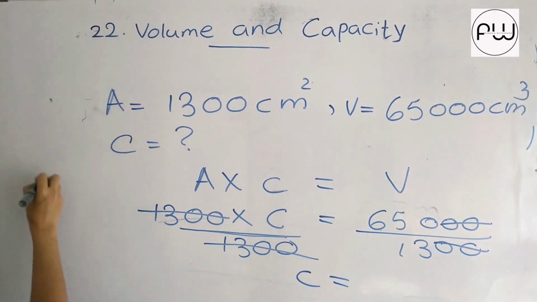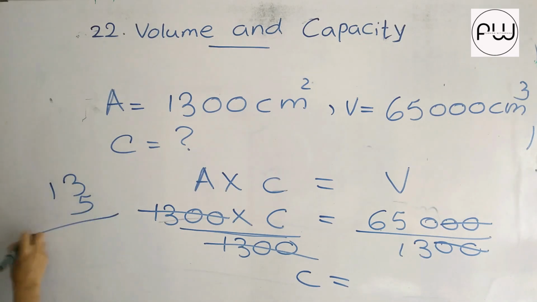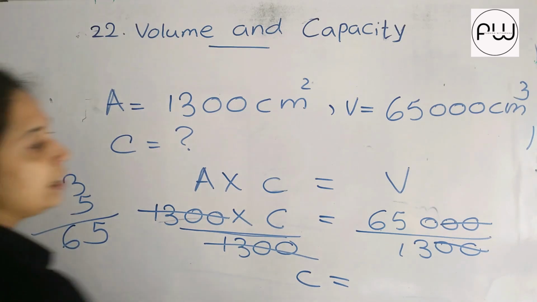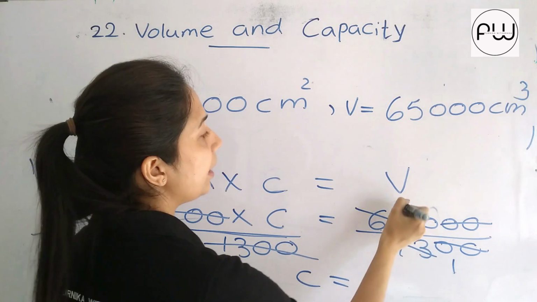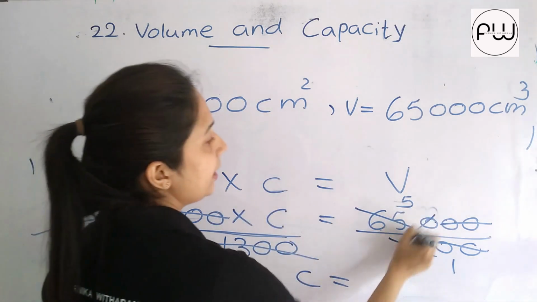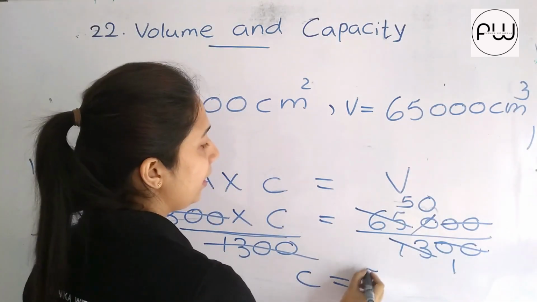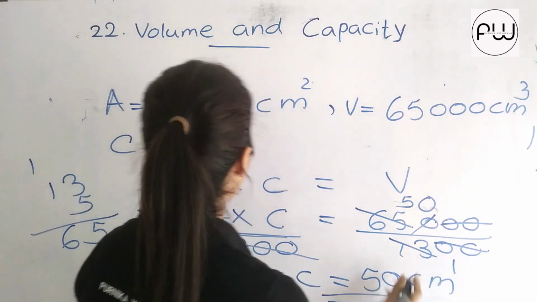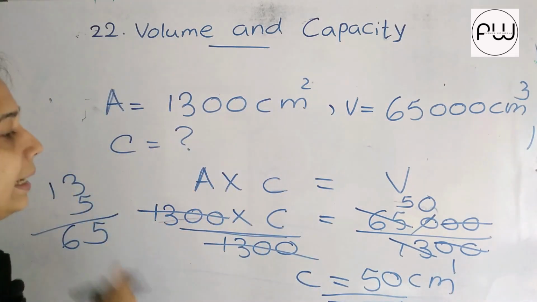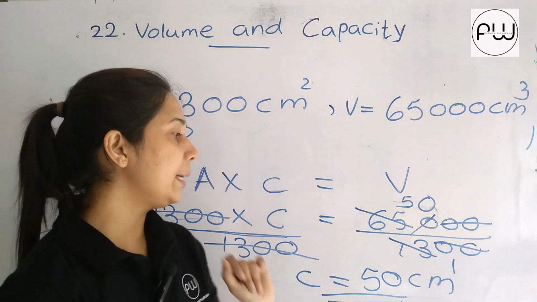And now let's see 13 times 5. 5 times 3 is 15, 1 remains. 5 times 1 is 5, 5 plus 1 is 6. Then 13 times 1 is 13, 13 times 5 is 65. Then we can take this 0 to here. Then it's 50 centimeters. Then the height of this cuboid is 50 centimeters.